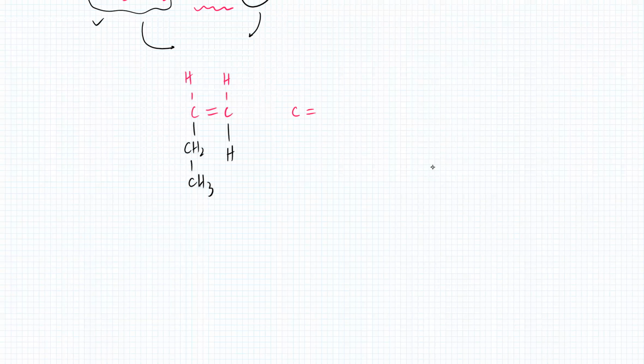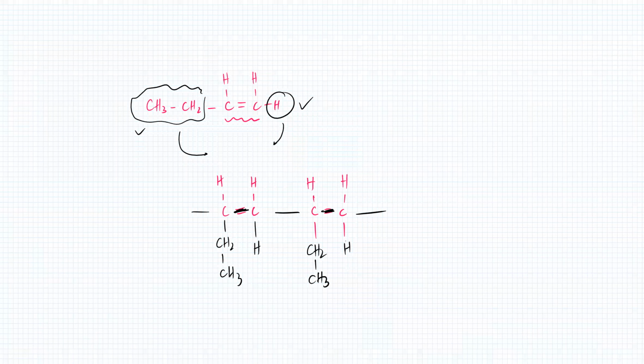So the next step would be that these would join up, and that's about it. And I'll have CH2 and CH3, and I'll have H over here. The double bond would go away, and they would link up. Is that clear? Yes, sir.